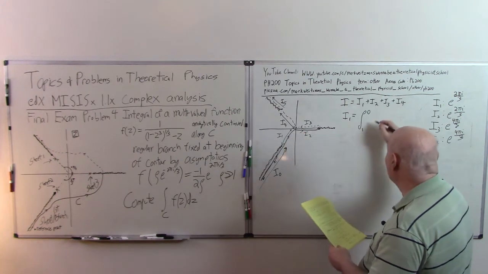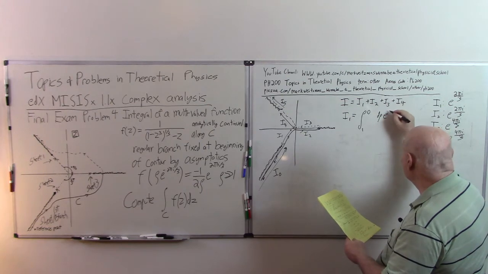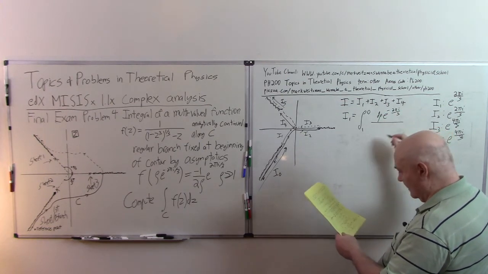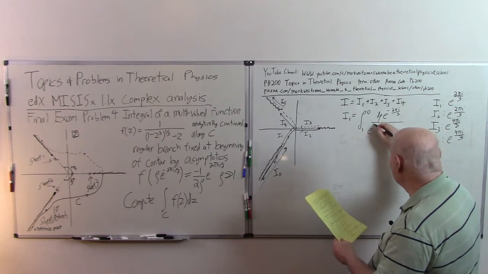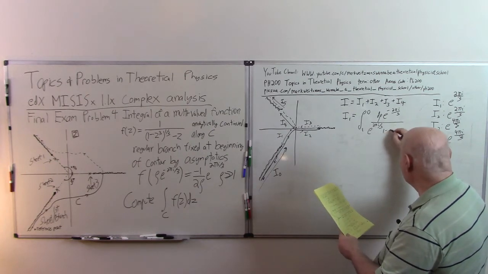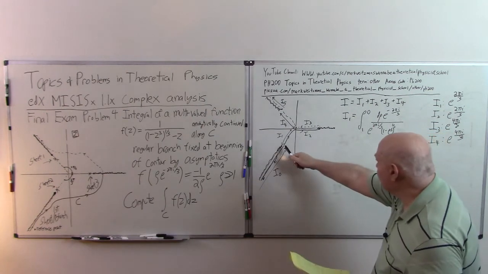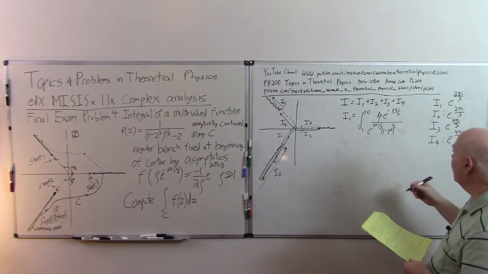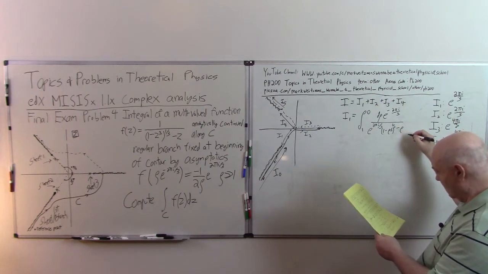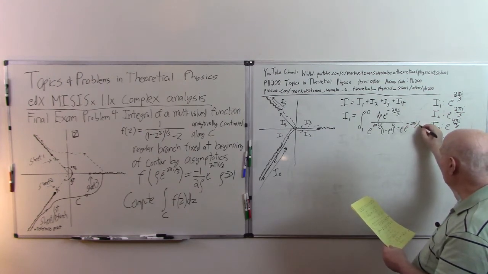We're going this way. d rho, e to the minus 2 pi i over 3 divided by e to the 2 pi i over 3 times 1 minus rho cubed to the 1/3. Again, we're inside 1 here, so this is the absolute value way of writing it. Minus rho e to the minus 2 pi i over 3.